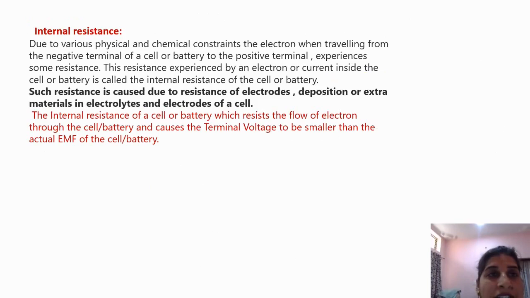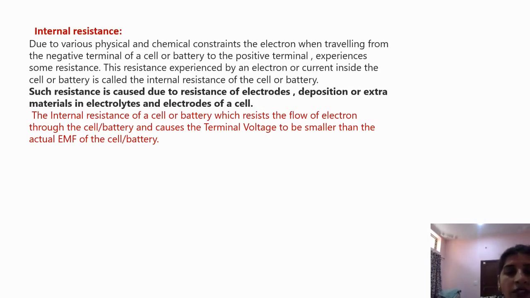Next coming up is internal resistance. What is internal resistance? The resistance offered by the electrolyte of the cell. You can say when electrons are traveling from the negative terminal of a cell to the positive terminal, they experience some resistance due to various physical and chemical factors there.